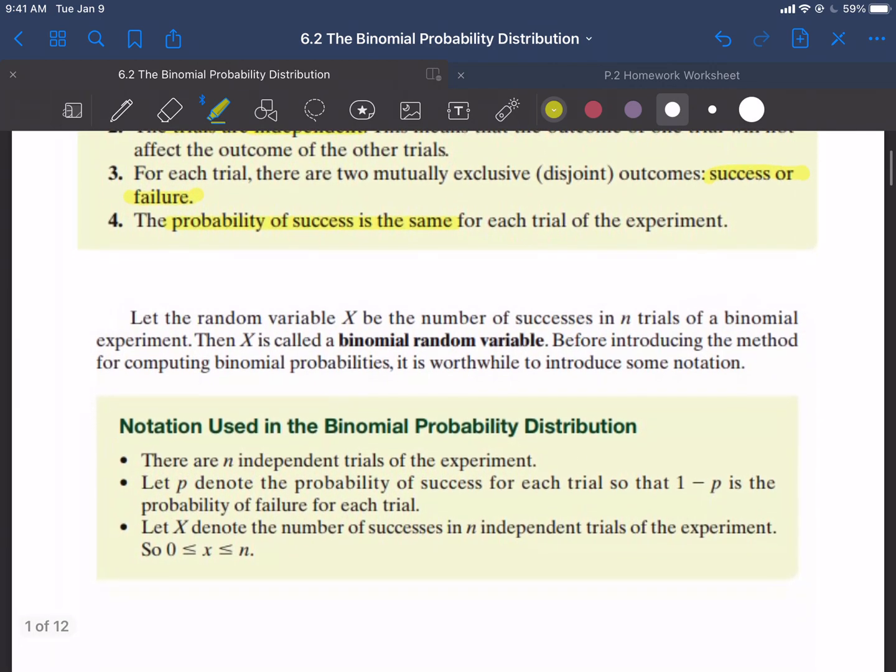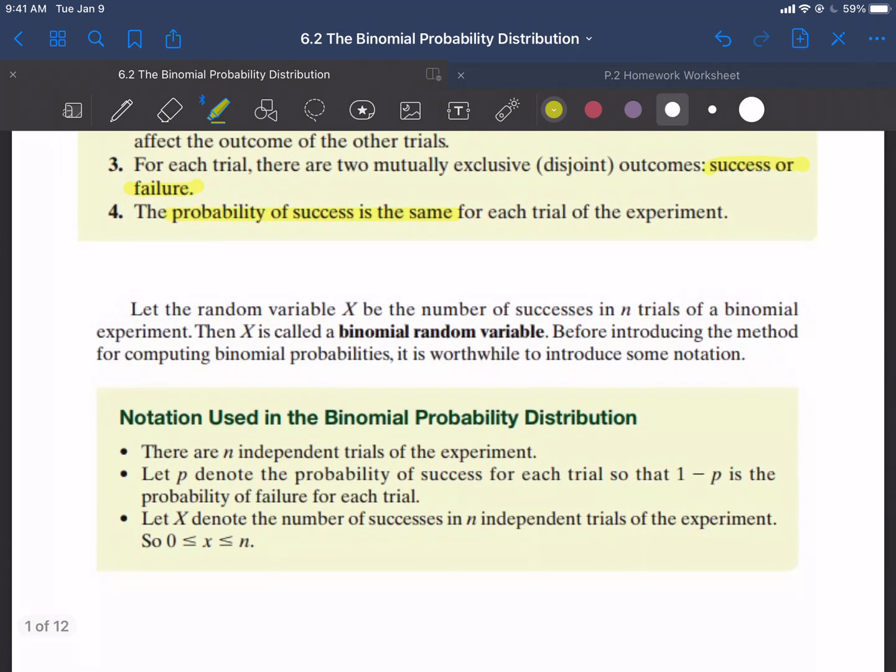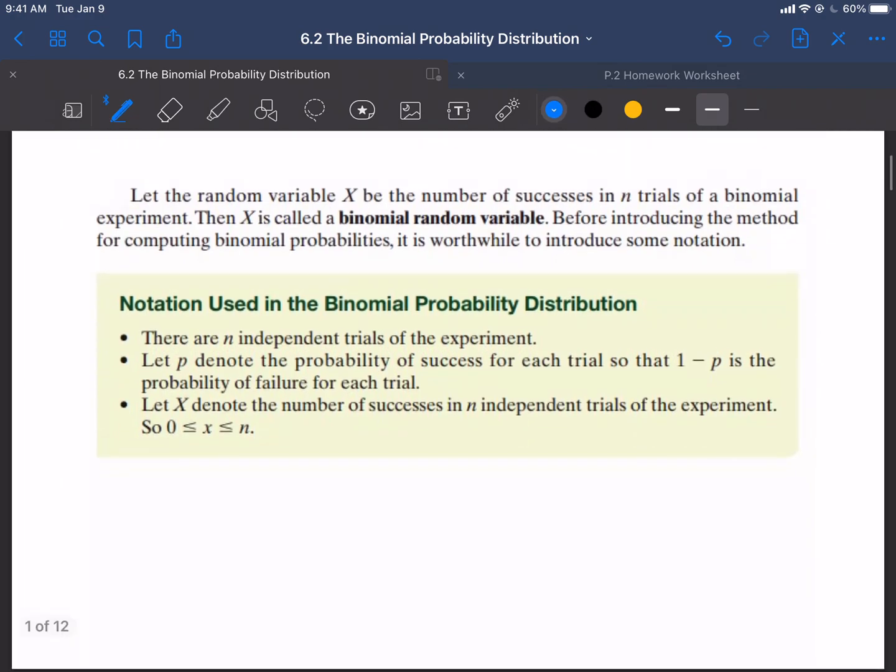So we're going to let the random variable capital X be the number of successes in n trials of a binomial experiment. Then capital X is called a binomial random variable. Some notation here: little n represents the number of trials.